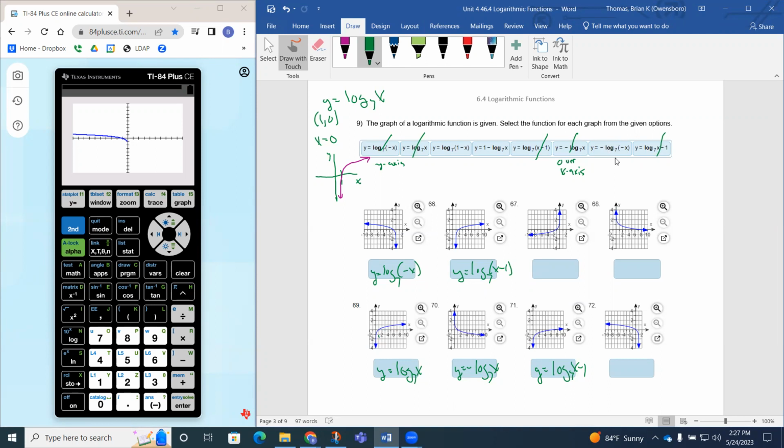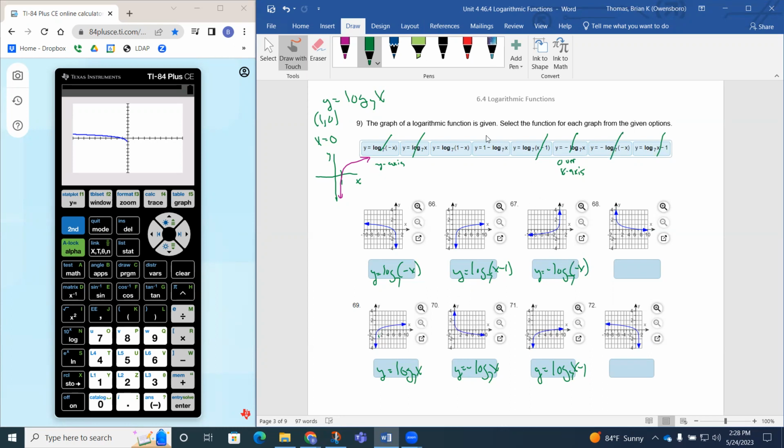So this is going to have two reflections: over the x-axis because of the negative on the outside, and over the y-axis because of the negative on the inside. So this graph here, instead of pointing to the right, should now point to the left. So I'm looking for this graph just pointing in the other direction. It looks like this graph here does just that. So that should be y equals the negative log of negative x base 7. So that's that one.